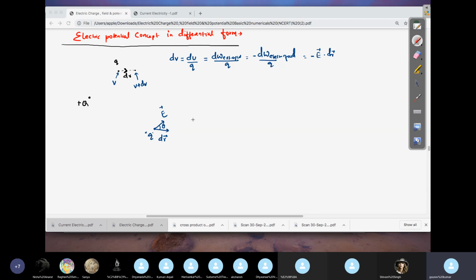This dW. Therefore dV equals minus dW by the field force divided by the charge that you have moved, q. So this will be minus qE vector, the force by the electric field, dot dr vector, divided by q. The q will cancel, and hence you will get dV equals minus E dot dr vector.